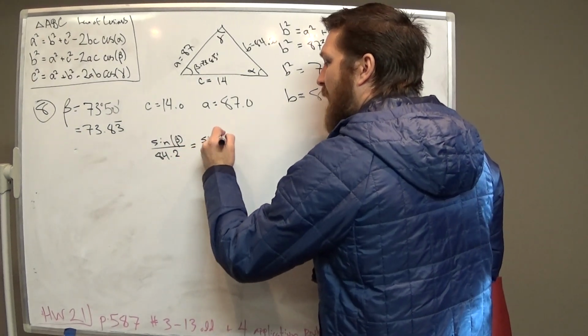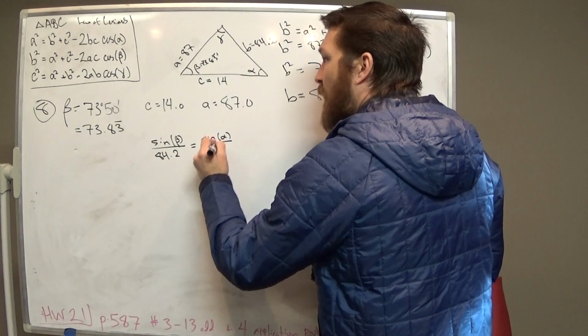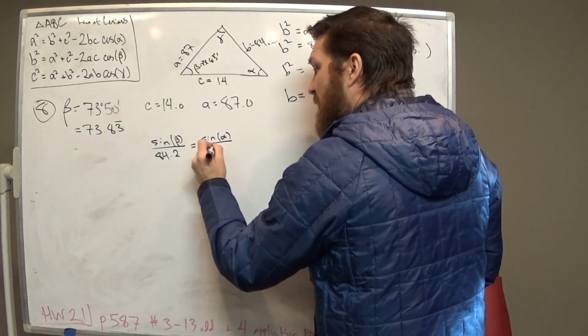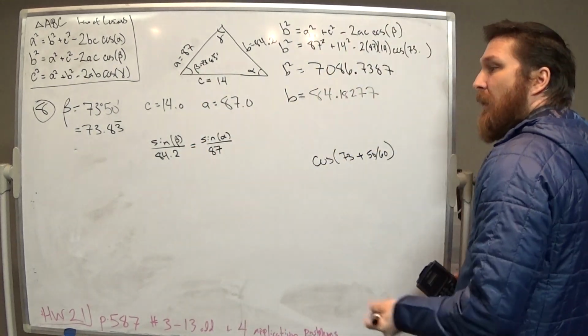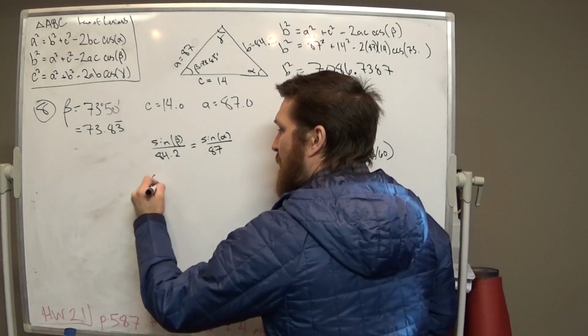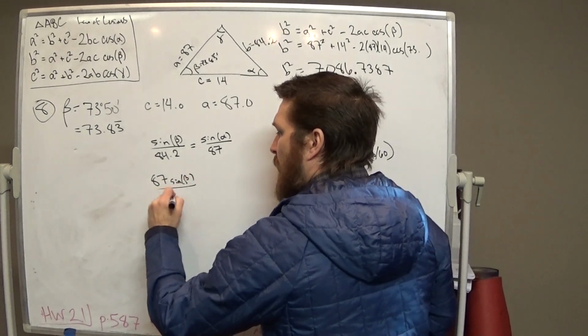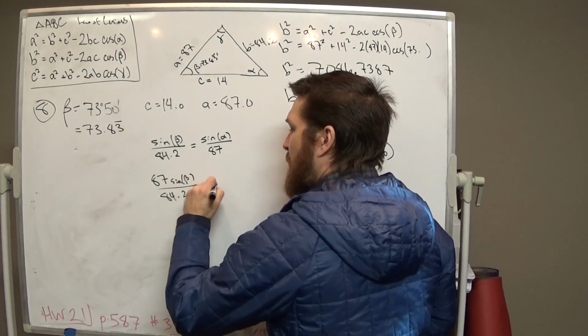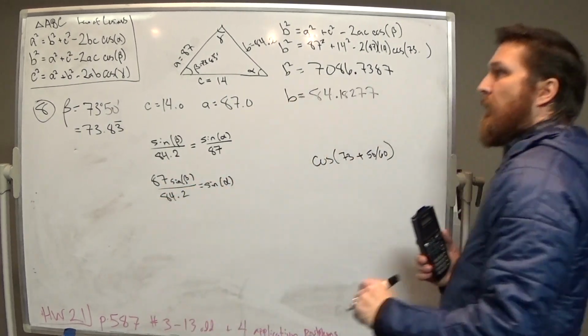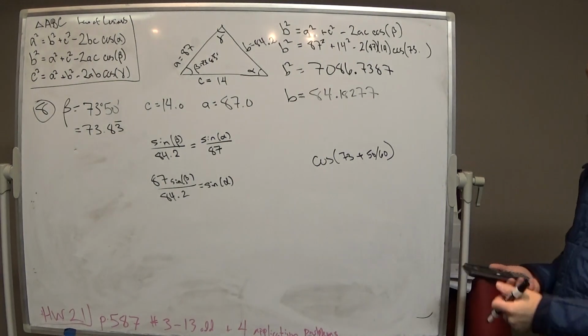We could go with sine alpha over a, which is 87. And so I'm going to do that. 87 comes upstairs. 87 sine beta over 84.2 is equal to sine alpha, because I'm looking for alpha, a is already given, right?